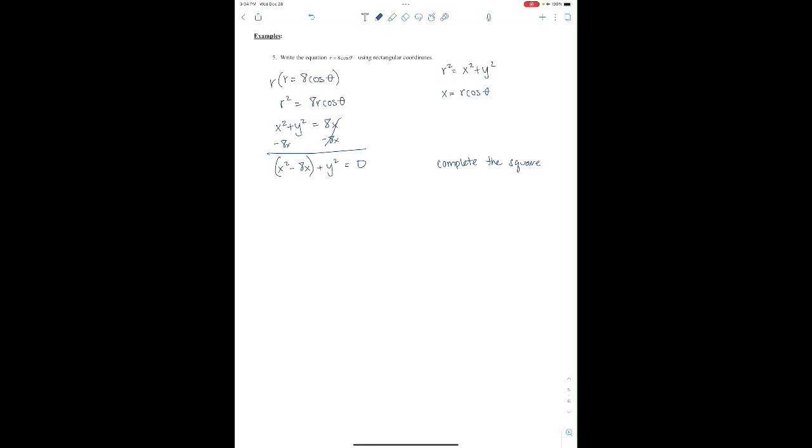So 8 divided by 2 is 4, and 4 squared is 16. So I'm going to add 16 to both sides. x squared minus 8x plus 16 equals 16. And this is factorable. x squared minus 8x plus 16 is x minus 4 squared.